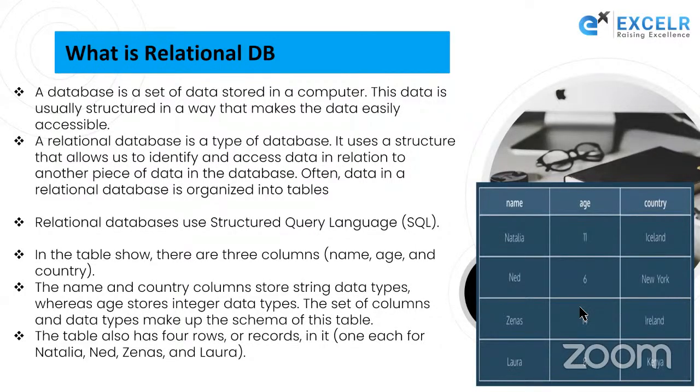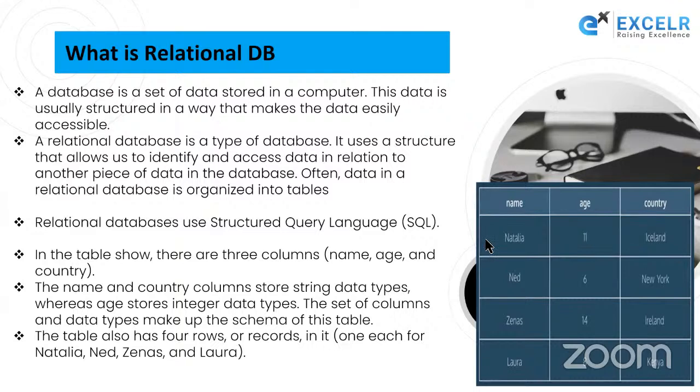If your data is kept in this form of a database, then that kind of database is called a relational database, because there is a relation between the columns, name, age, and country, and the row having the values Natalia, age, and Iceland.